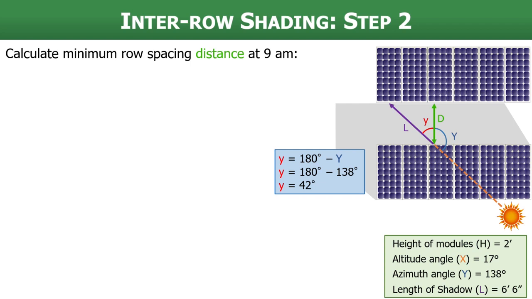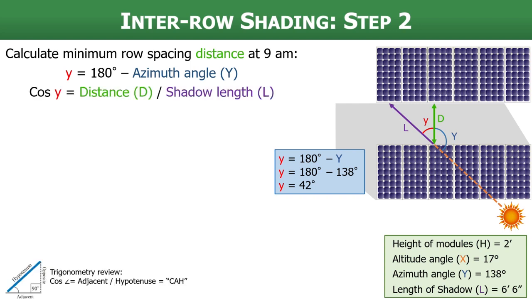So in this case, we have 180 degrees from our straight line. We subtract 138 degrees, which is our azimuth angle. That gives us an angle small y of 42 degrees. We determined our small y angle.